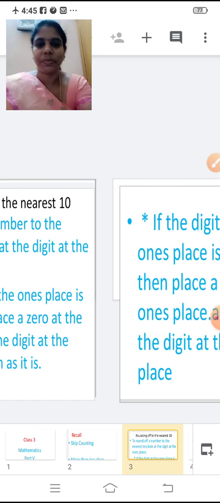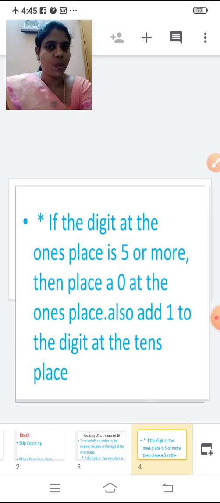If the digit at the ones place is 5 or more, then place 0 at the ones place. Also add 1 to the digit at the tens place.